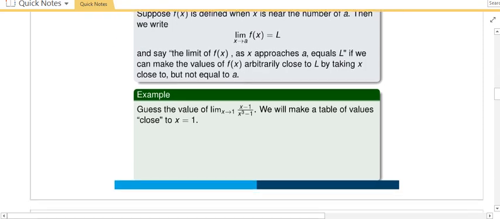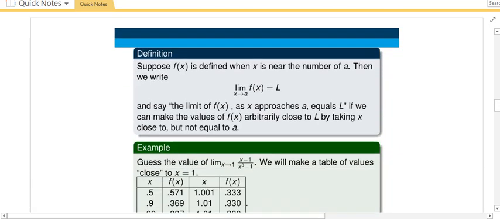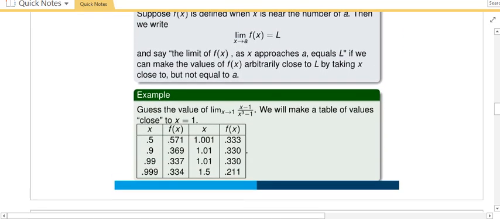This is similar to what we did in the last section. I'll go ahead and make my table of values here. On the one side, I've got what happens as we are slightly less than 1. So 0.5, 0.9, 0.99, and 0.999. And we see that we are sort of zeroing in on 0.33, seems to be a common value here.